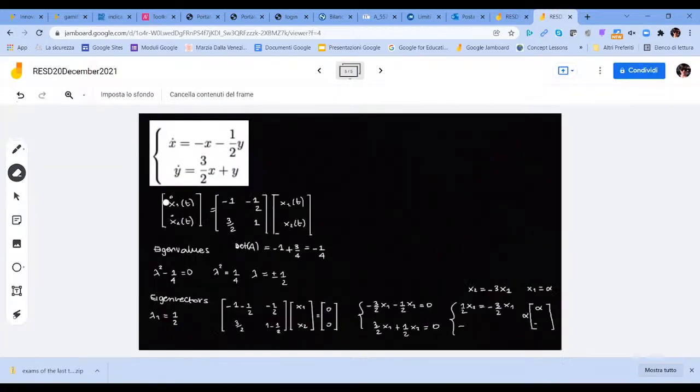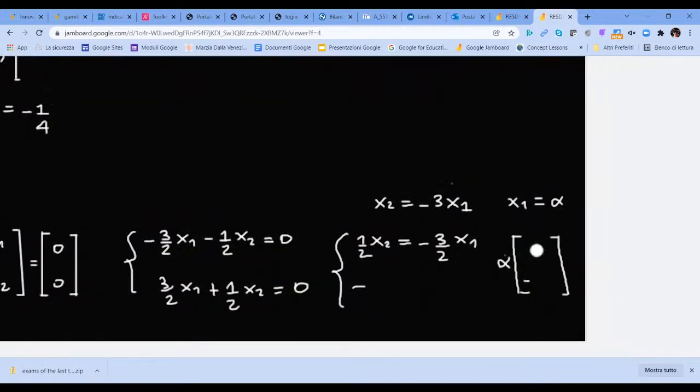This is a 1, not an alpha, because alpha is outside. So this is 1 and this is minus 3. And this is the first eigenvector that corresponds to the eigenvalue 1/2.